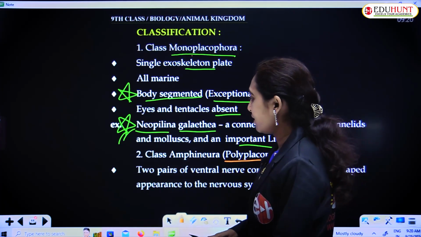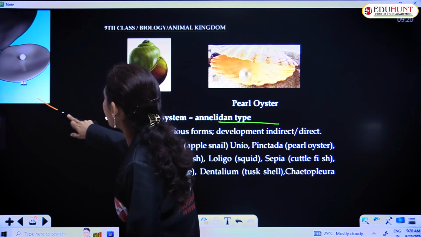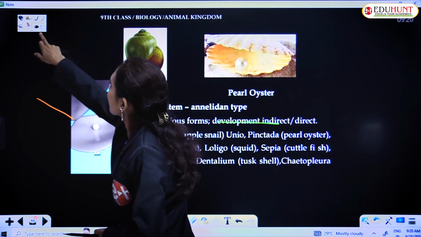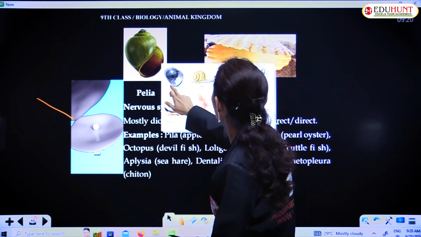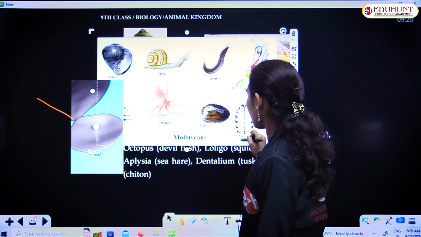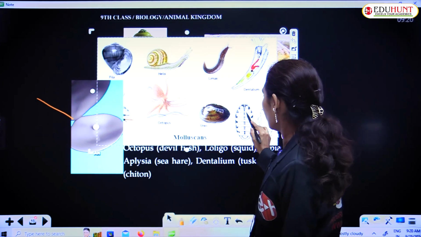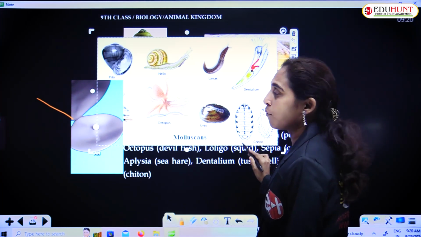As we have seen, the chiton is one of the examples of the Polyplacophora. Look here, you can see so many plates arranged horizontally in the body.